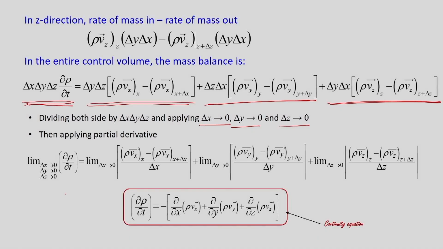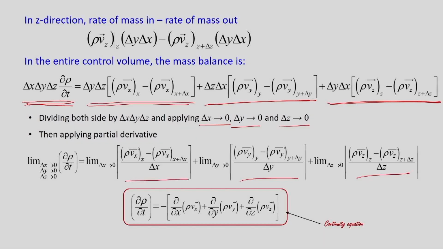So, left hand side you have only dou rho by dou t, right hand side you have rho v x at x minus rho v x at x plus delta x divided by delta x, plus similarly in the y direction rho v y at location y minus rho v y at location y plus delta y divided by delta y, plus similarly in the z direction rho v z at location z minus rho v z at location z plus delta z divided by delta z.